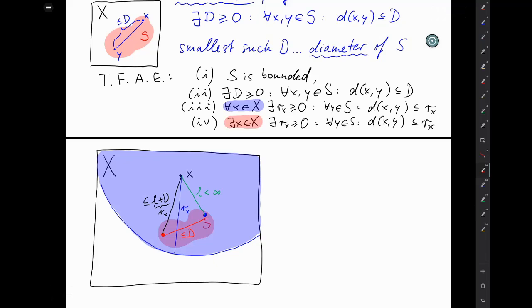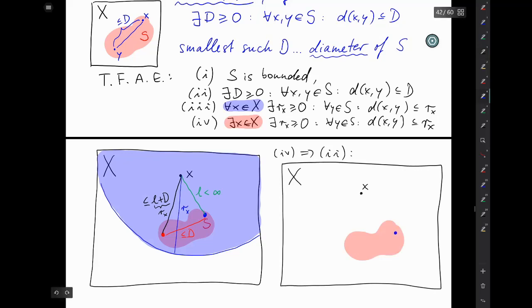To see the other direction, let's argue that the new property 4 implies the property 2, which we already know is equivalent to 1 and 3. Let's assume property 4 holds, and then, as in property 2, let's take any 2 points X and Y in S, and let's show that the distance between the red point and the blue point is less than or equal to some d that we can pick.